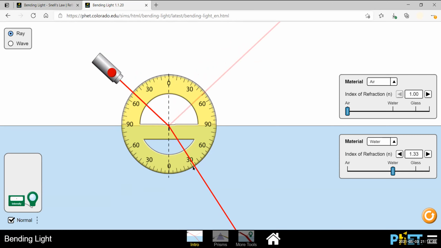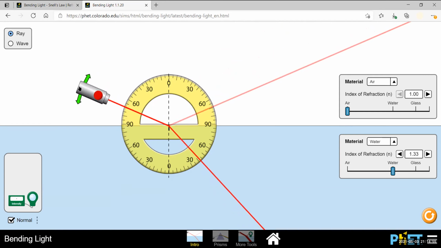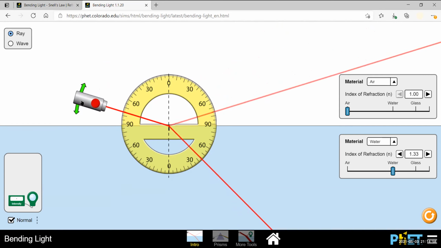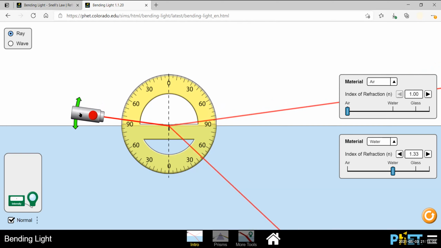In this case, I have 33 or something like that degrees. So again, I'm going to go to 70, 80, and 85. Okay. So now I have all of my readings.